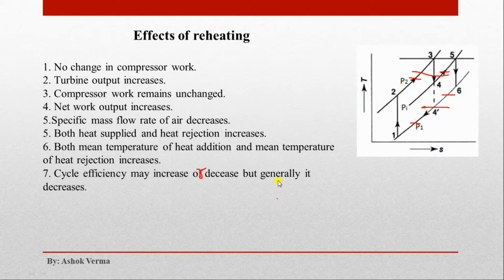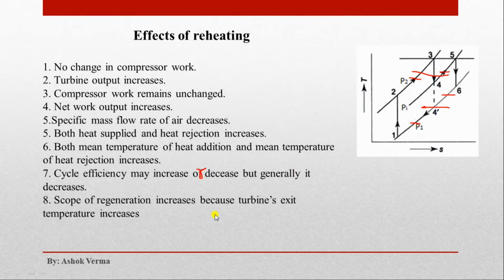Both are increasing. So you cannot say the efficiency is increasing or decreasing. It will depend on the numerical value of the W_net and Q supply or heat supply. But generally the efficiency decreases, but the net work output will always increase.